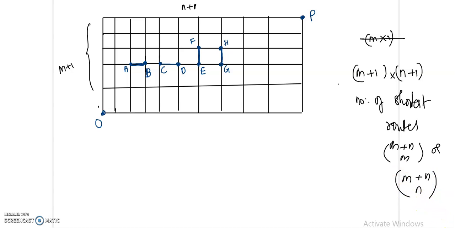So this will be the number of shortest routes. It will be like finding the number of binary sequences.